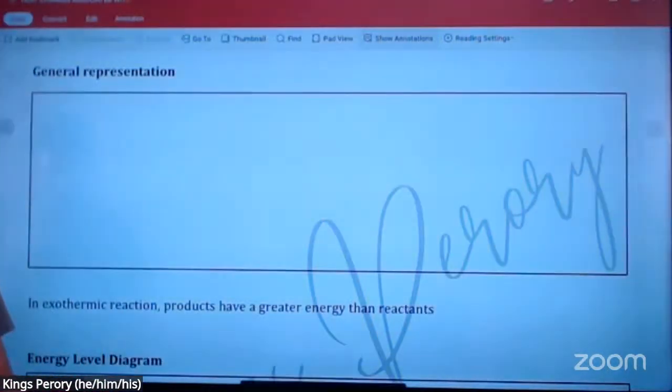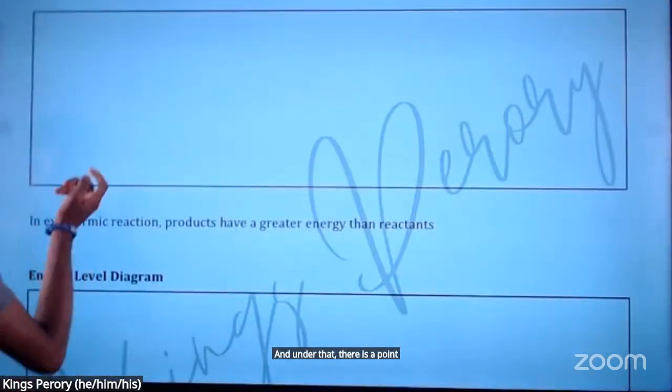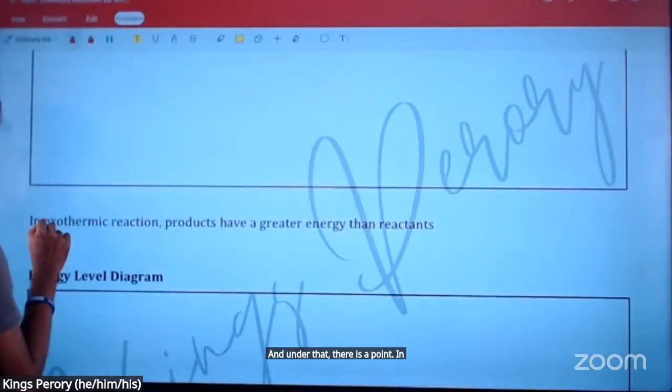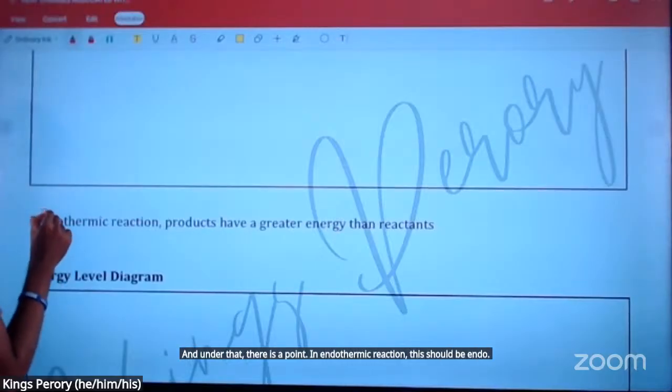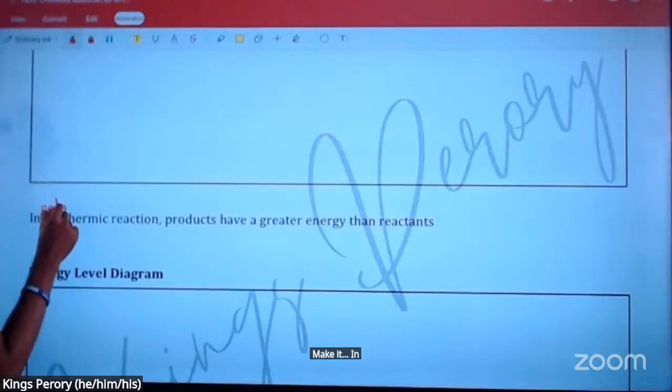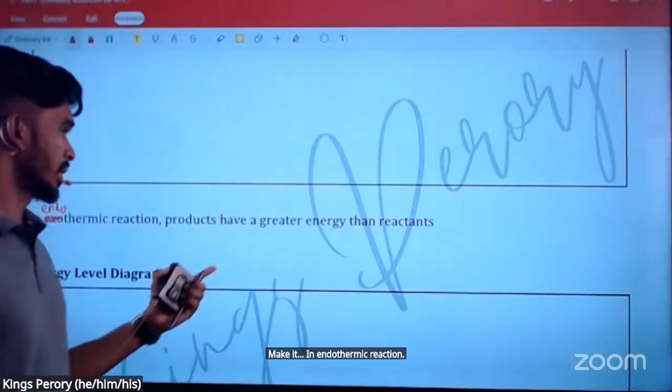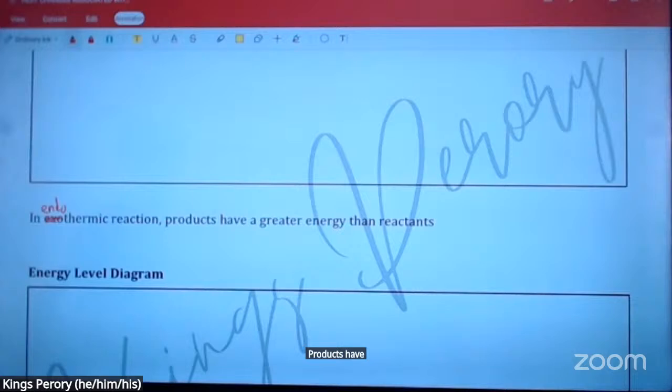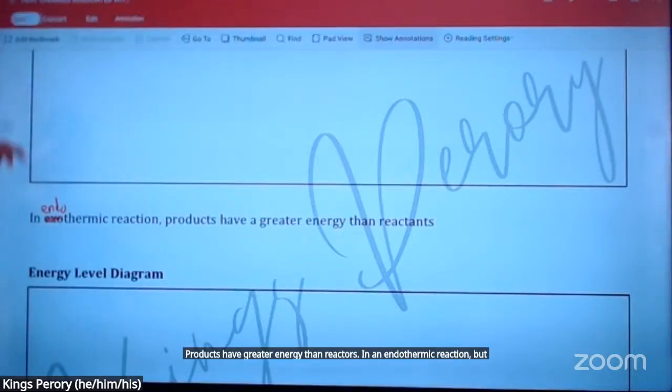And under that, there is a point in endothermic reaction. In endothermic reaction, products have greater energy than reactants.